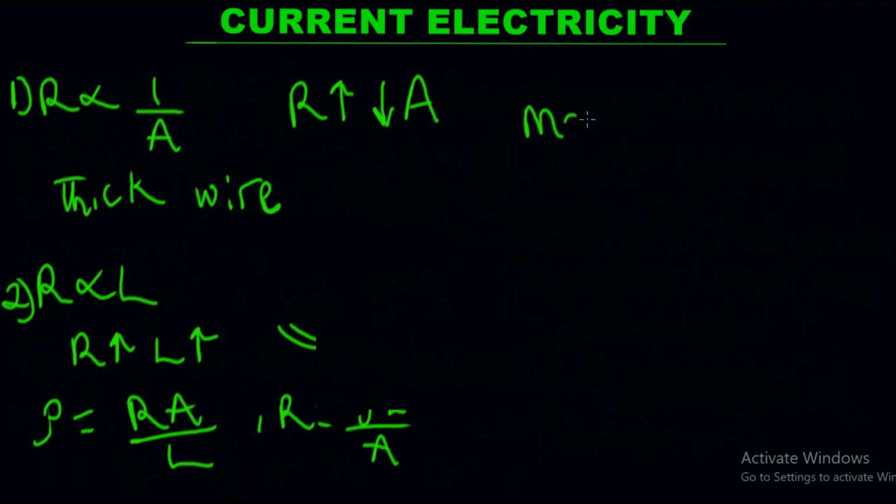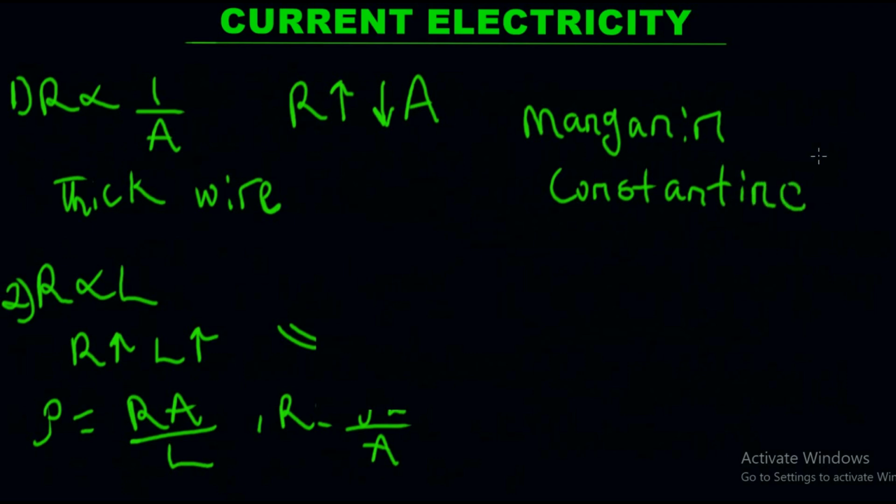So these are two very good materials that are used for making our standard resistors that we know of. Why? Is because they are not really affected by temperature. So most times, even if there's a change in temperature, it doesn't really affect them much, which is actually good for accurate results.